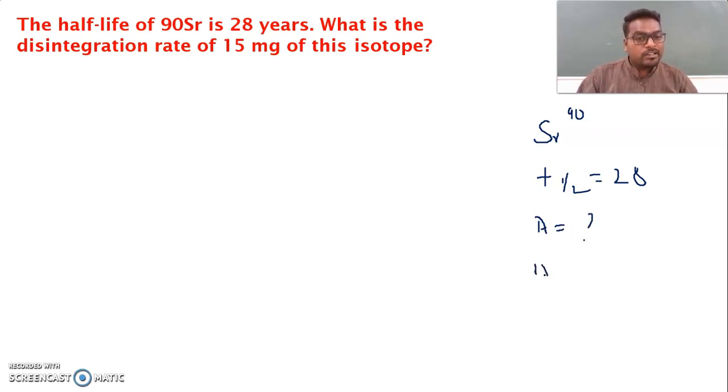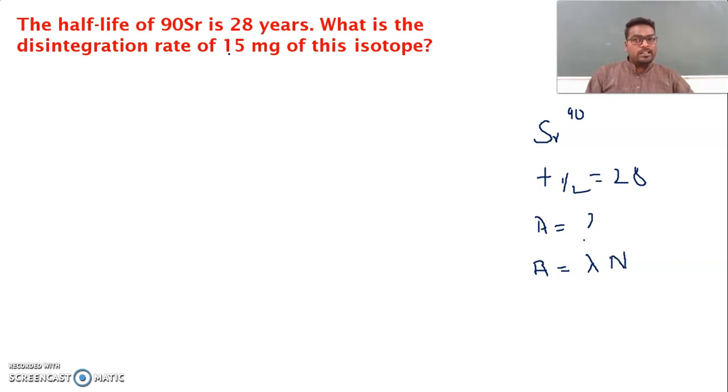We know that activity is equal to lambda, the decay constant, into N, that is the quantity at that time.